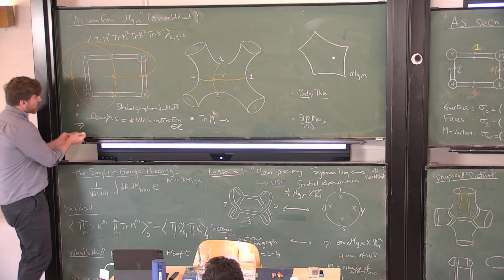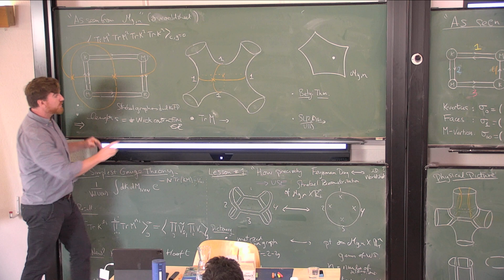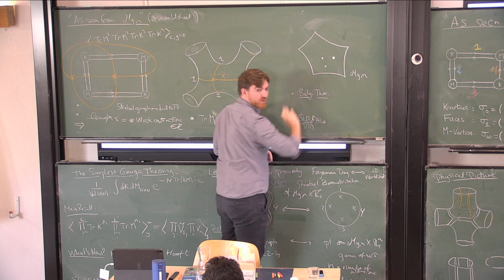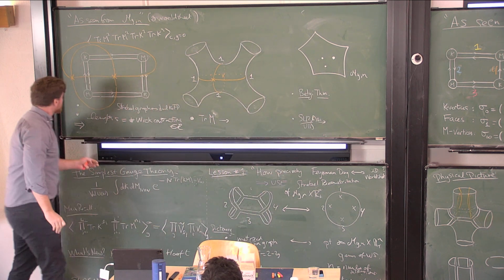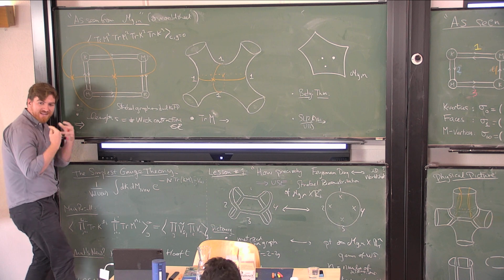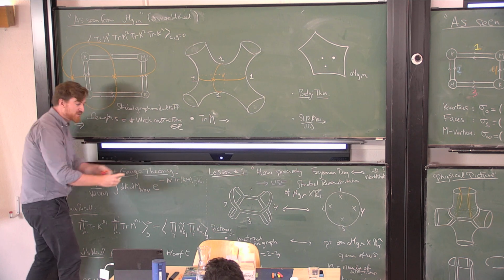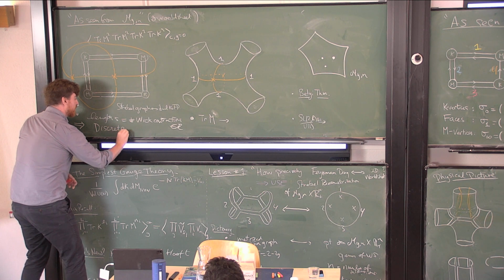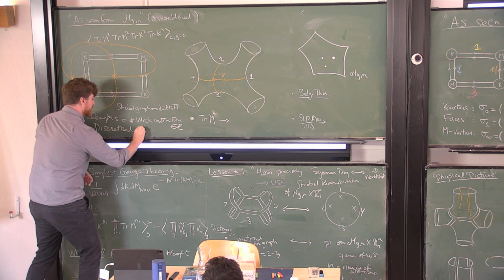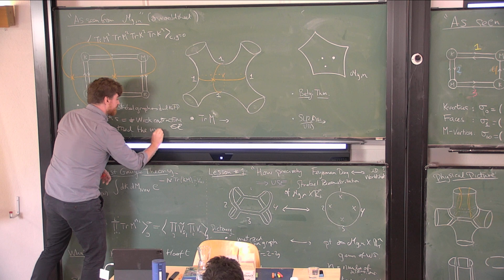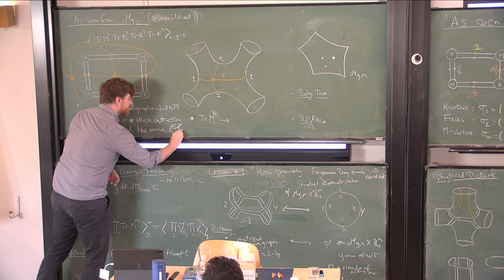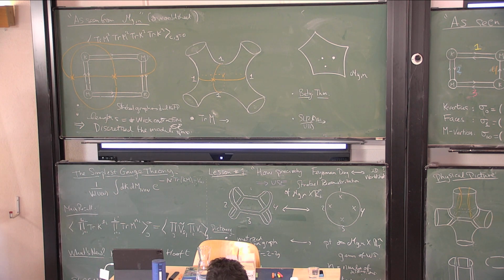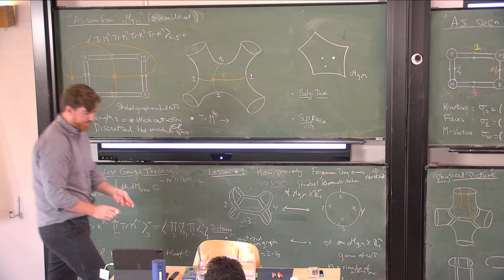So all of the world sheets are just going to be labeled by integer numbers. Okay? So what I've done, if you want, is I've latticized not the world sheet, but I've somehow directly discretized the moduli space directly. That's maybe the conceptual novelty here to think about.